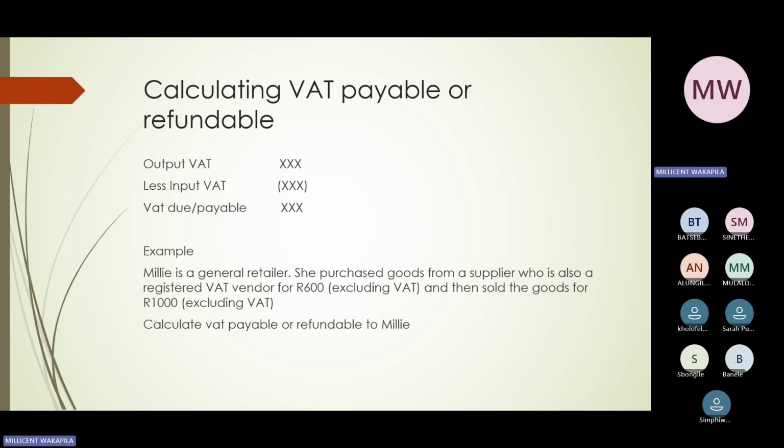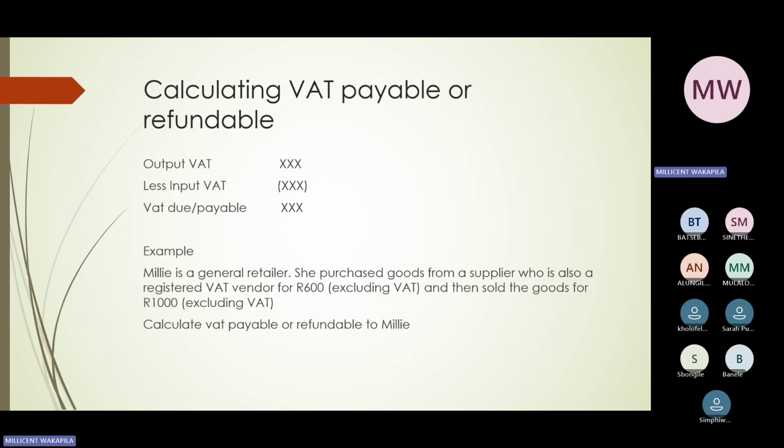Okay? So this is an example that I've given you guys so that you can understand what I'm trying to say. It says Millie is a general retailer, right? She purchased goods from a supplier, right? The keyword here is purchase goods, right? So when I'm purchasing goods, it means I am receiving goods from the supplier, right? The flow of goods in this case is in because the goods are coming to me, right?